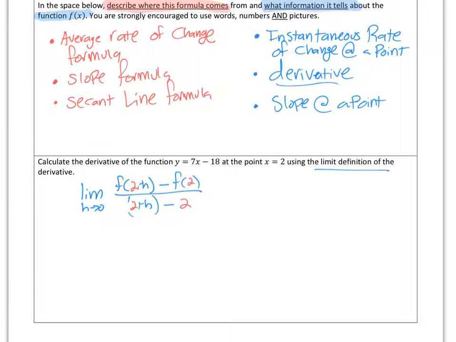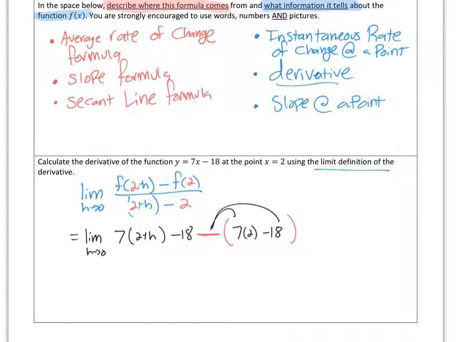And that's equivalent, when we substitute into the function, to the limit as h approaches 0 of 7 times, where the x is, 2 plus h, minus 18. Here's where most people messed up. It's subtracting all of this stuff. So I'm subtracting 7 times 2 minus 18, because that then has to distribute.